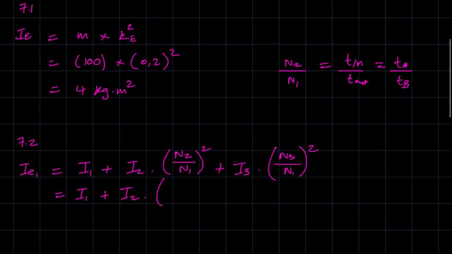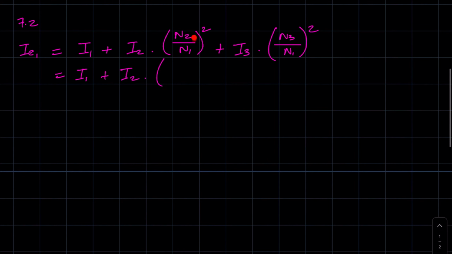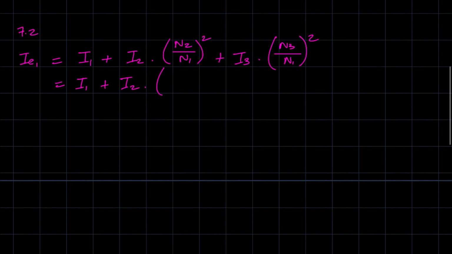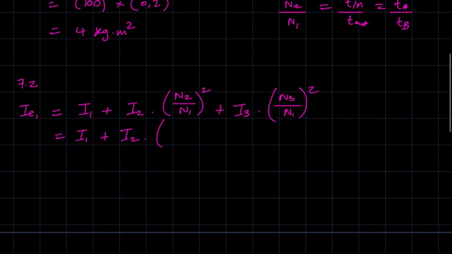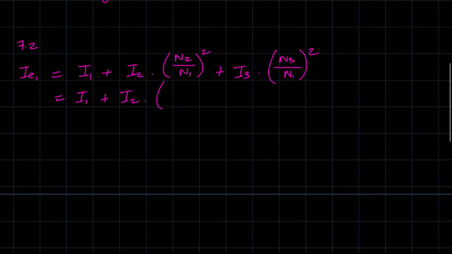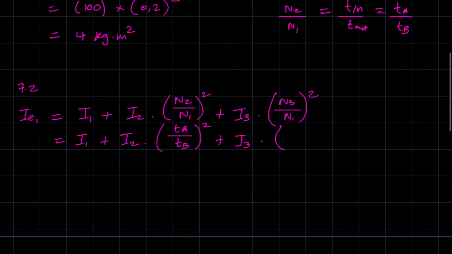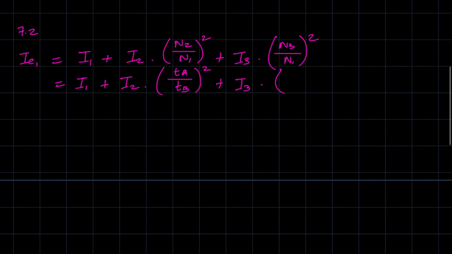So seeing that we do not have the rotational frequencies, to express the gear ratio in terms of number of teeth, we would have TA divided by TB all squared, plus I3 times, so we applied the very same thing here.